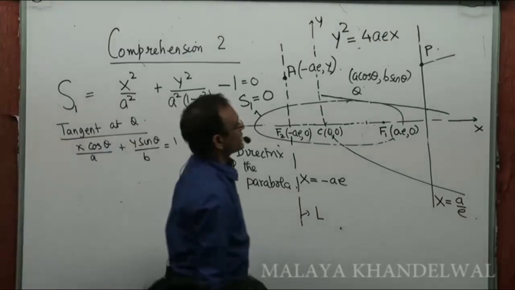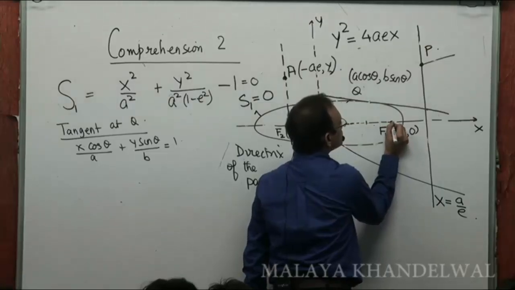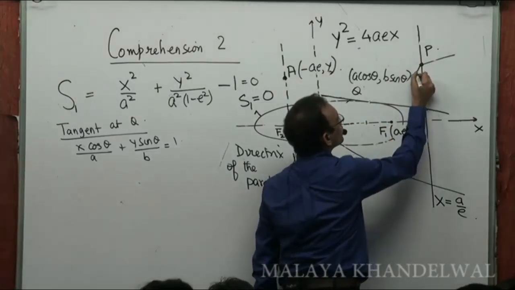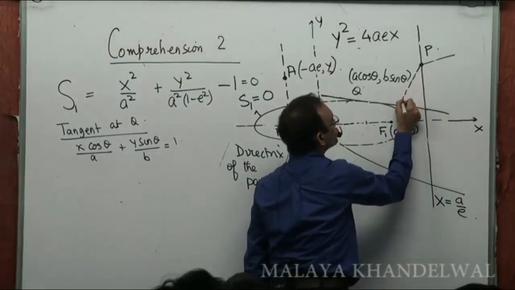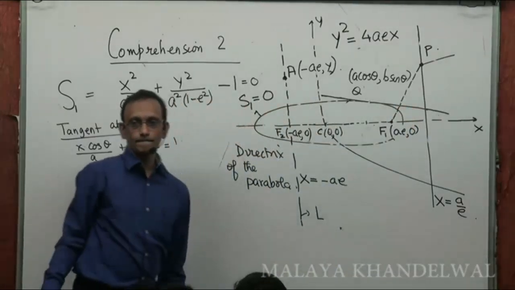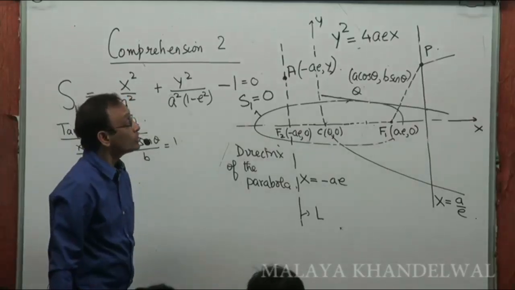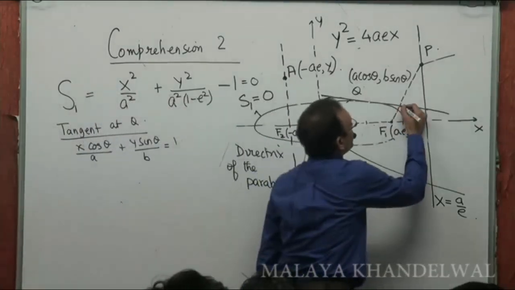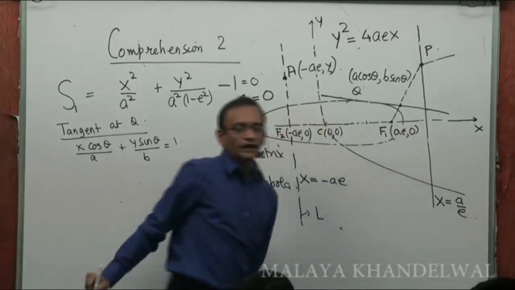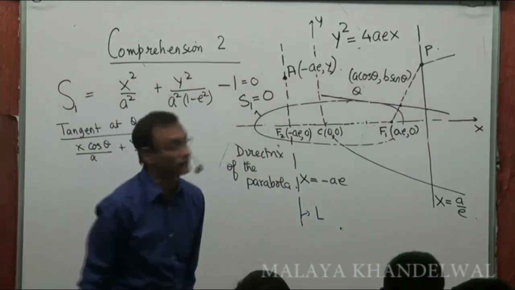Now, what they say is, if P is joined to F1, then this point is known to be lying on the auxiliary circle of the ellipse.